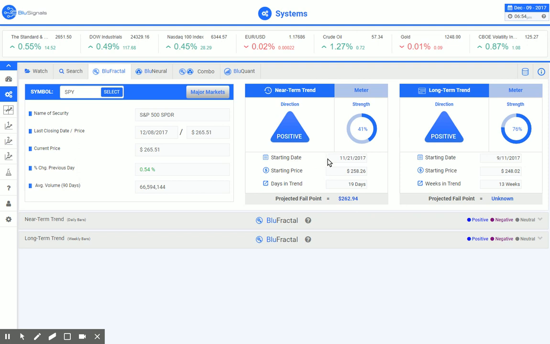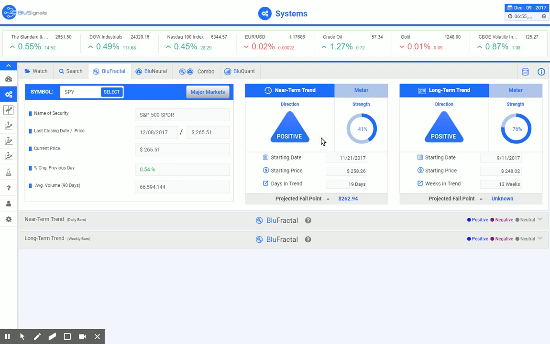We give the starting date of the most recent trend, starting price, days in trend, as well as for the long-term trend. We also have projected fail points for both near and long-term trends. This is all very useful when examining the charts and determining entry and exit values.